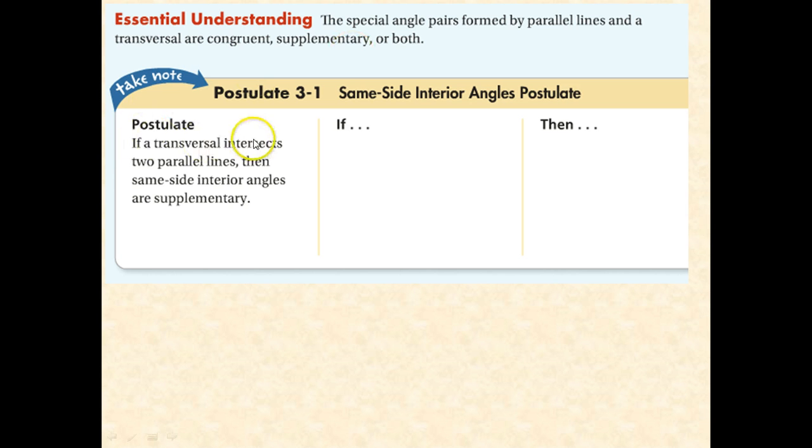So, if a transversal intersects two parallel lines, this is, by the way, postulate 3.1, the same side interior angle postulate. If a transversal intersects two parallel lines, then same side interior angles are supplementary.